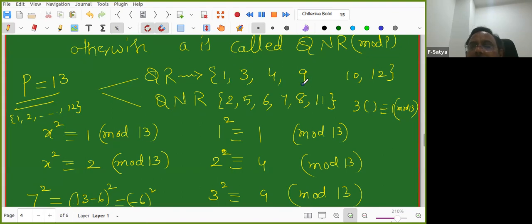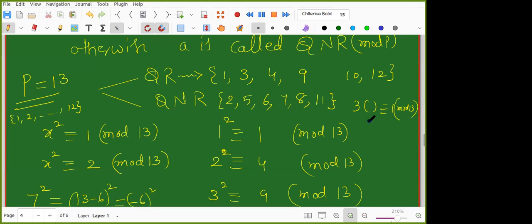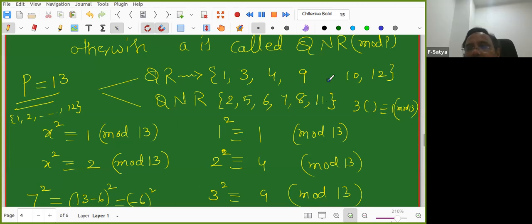Good. Now let us take 4. 4 times how much is 1 modulo 13? 4 times 2, 4 times 3, 4 times 4, 4 times 5. So 4 times 10, 40. Good, 10. Now 4 and 10 also work. 12 is anyhow its own inverse. 12 is minus 1, its own inverse.